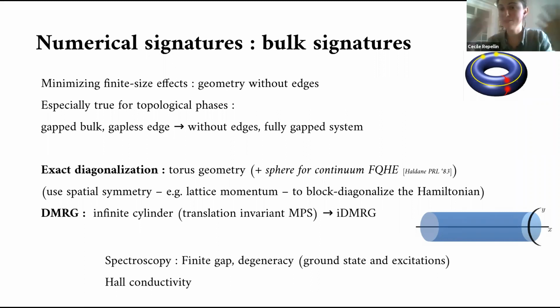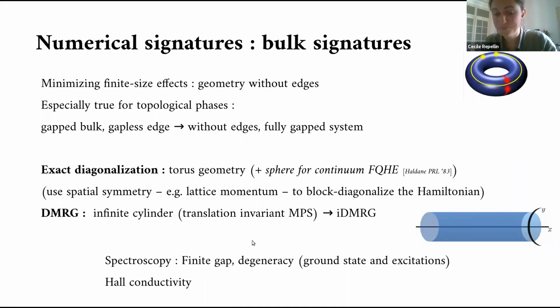Okay, so that settles the question on geometry. And now we also need to wonder about observables. Which observables are we going to measure or to calculate from our numerical data? Very often it's going to be spectroscopy, meaning some energy spectrum. For example, checking that you have a finite gap.